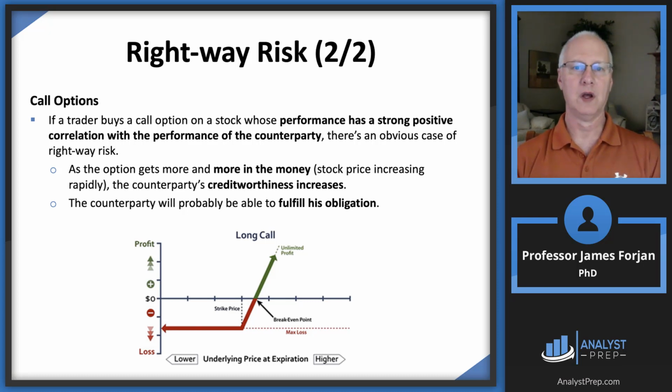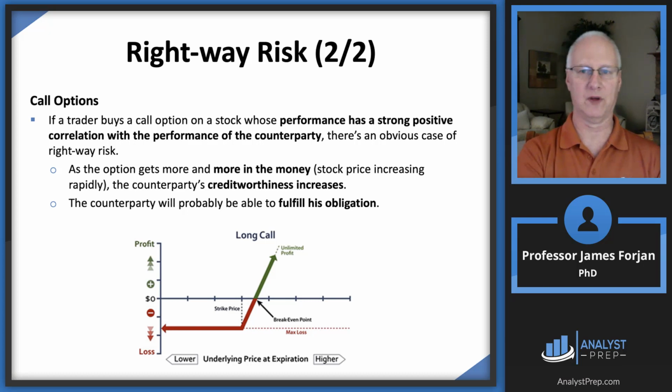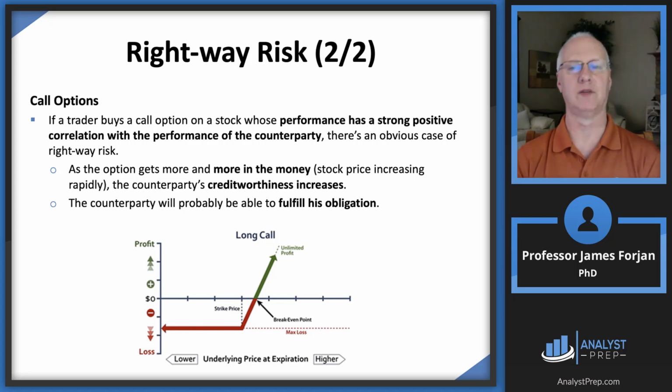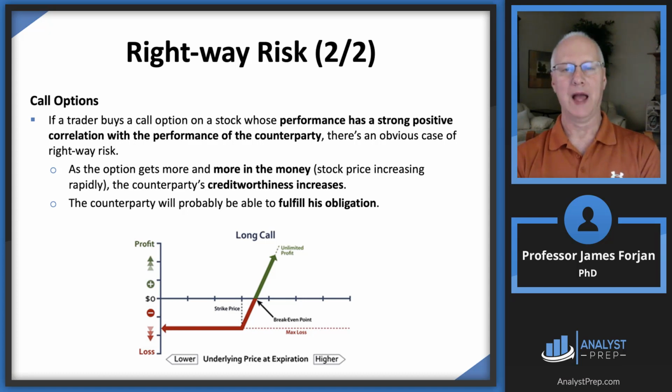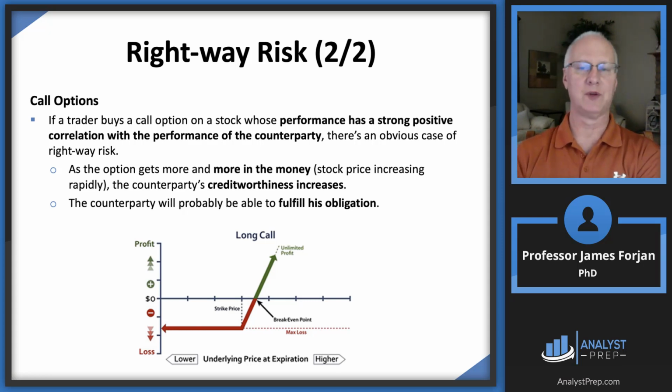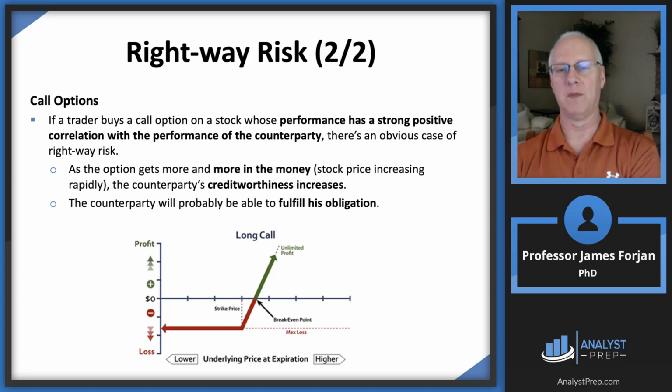And so let's suppose that the underlying asset has a high and positive correlation to the performance of the counterparty. This is an obvious case of right-way risk, so that as the stock price of the underlying asset goes up, our derivative, our option, is more and more in the money.